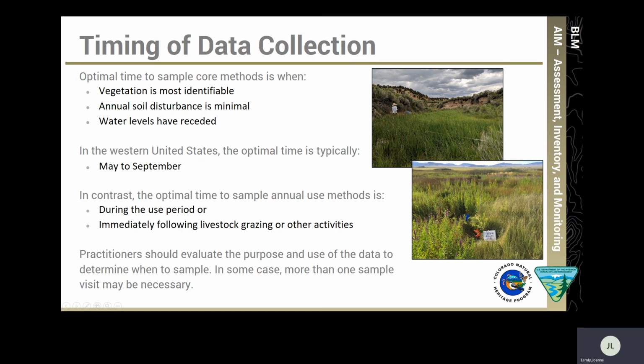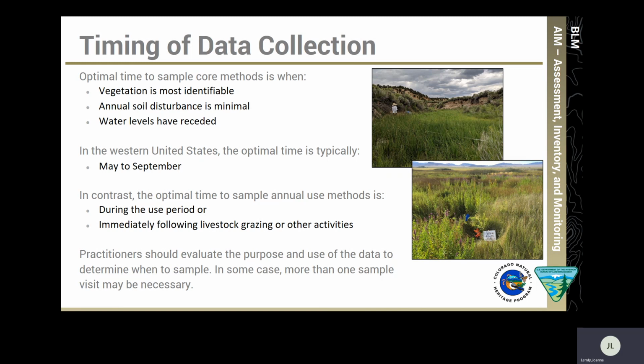This last slide in the presentation covers timing of data collection. The optimal time to sample core methods is when vegetation is most identifiable, annual soil disturbance is minimal, and water levels have receded. In the Western United States, the optimal time is typically May to September.